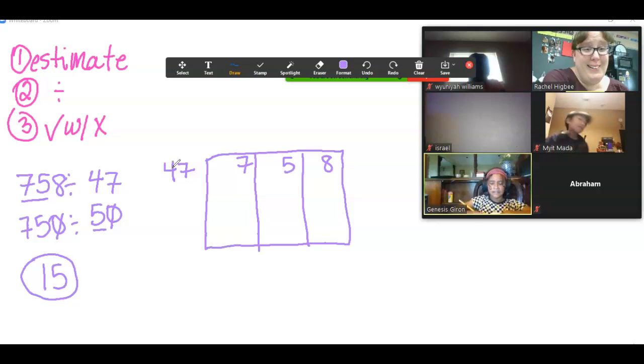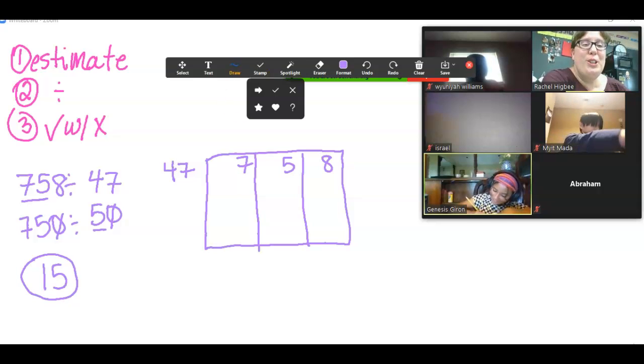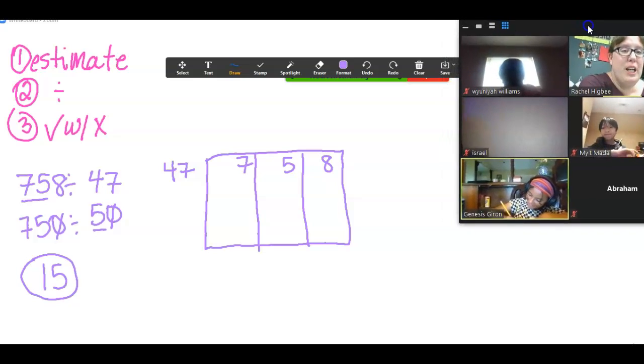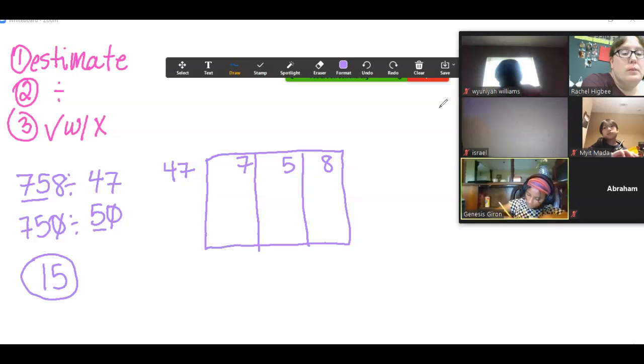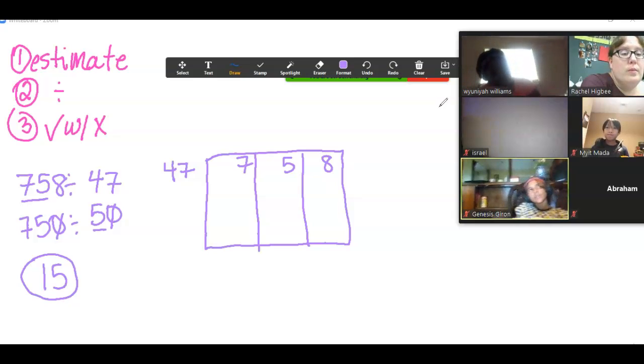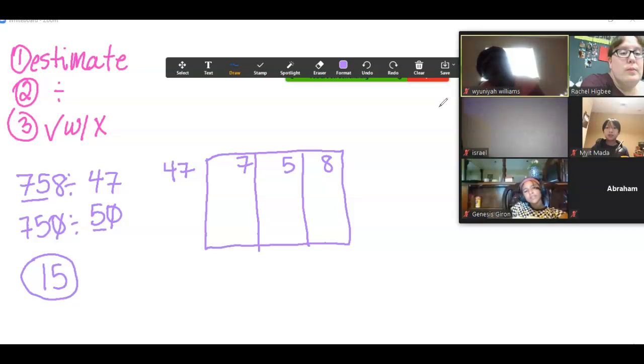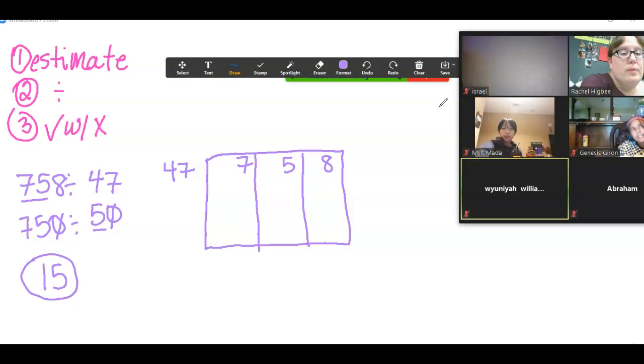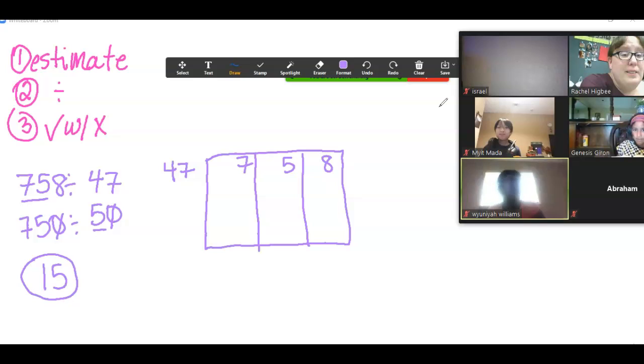Neither do I. Okay, so would you rather do guess and check or repeated addition? What are you thinking? Do we not care? Okay, well then let's do guess and check.